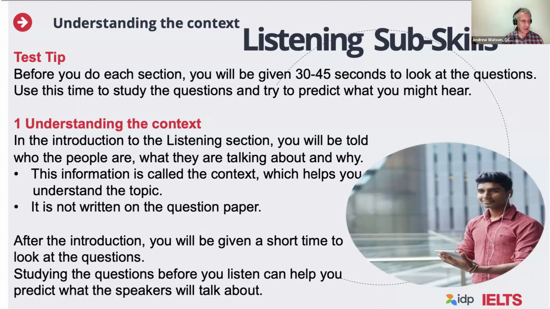In the introduction to the listening section, they will be told who the people are and what they're talking about and why. This is called the context, and it helps you to understand the topic. It's not written on the question paper. After the introduction, the test takers get a short time to look at the questions. Studying the questions before they listen can help them predict what the speakers will talk about. That makes sense?